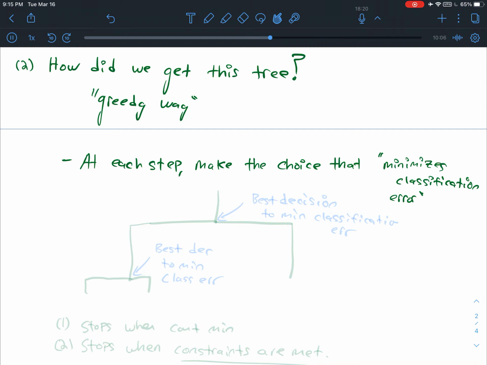So when you have this tree, everyone starts at the top of the tree, and we make the first split. So this tree is making its very first split here with a decision that minimizes classification error. So this is the best decision it can make to minimize classification error.